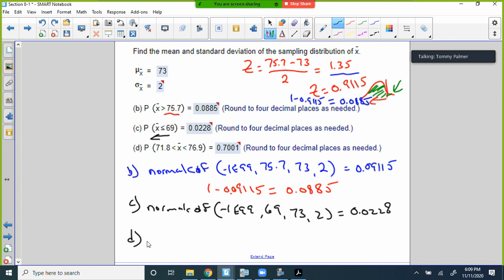And then for the between, which is really the easiest one of them all, because we're dealing with a lower bound and an upper bound. The lower bound happens to be 71.8, and the upper bound happens to be 76.9. Our mean and standard deviation of the sample mean do not change. Then you get this.